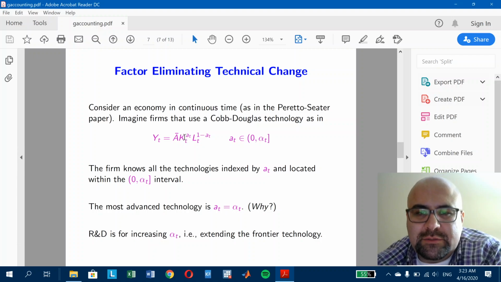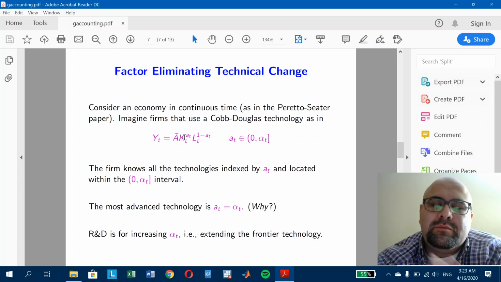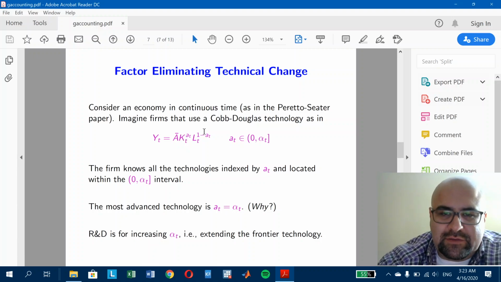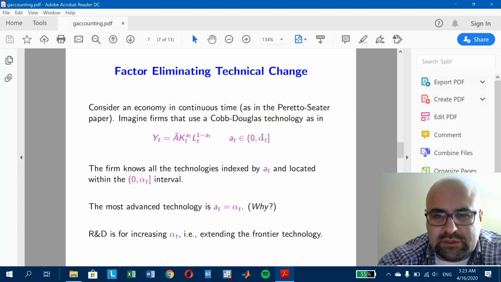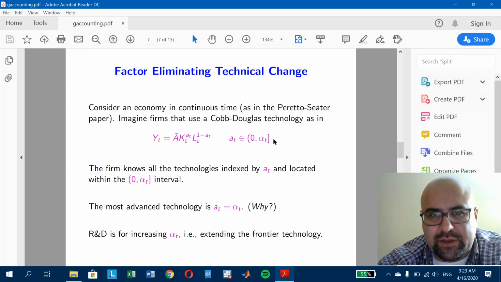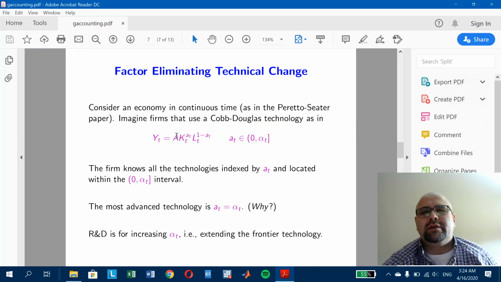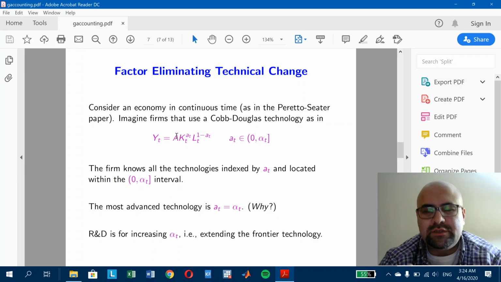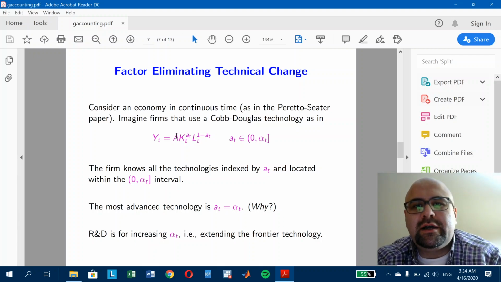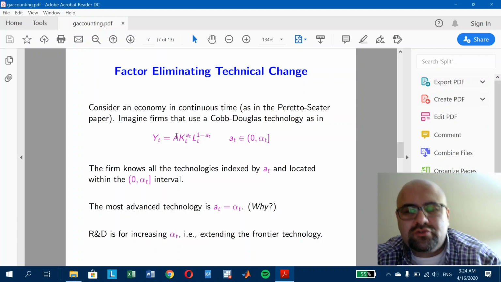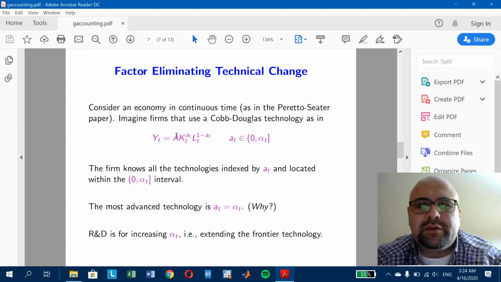Now one of the foundational ideas behind this paper is that if a_t is just equal to 1, so if a_t takes the maximum possible value, then this production function becomes the AK model, right? And we know that that type of result basically rules out diminishing returns with respect to capital.